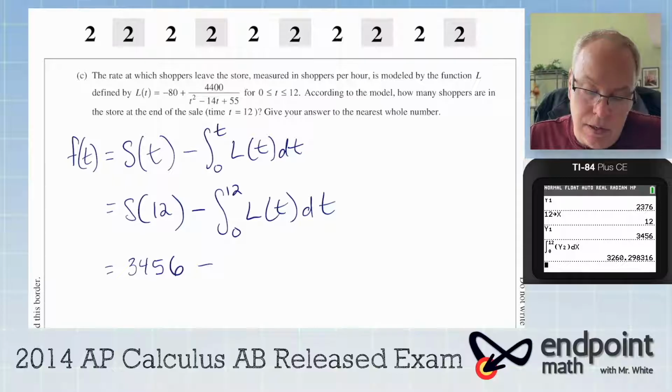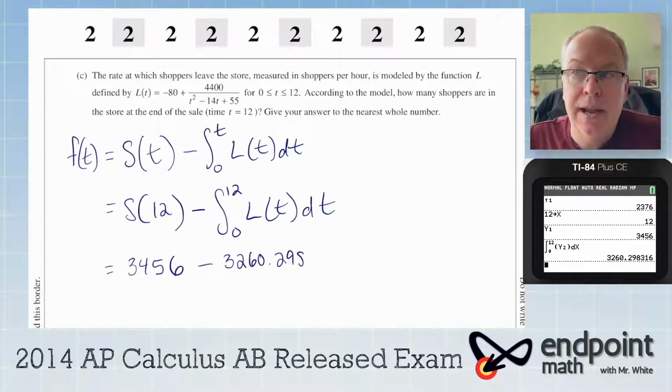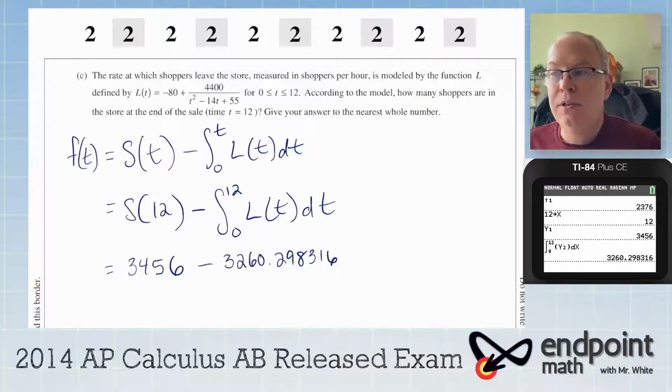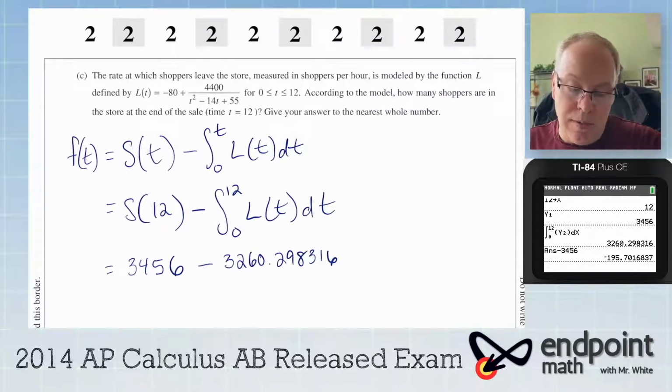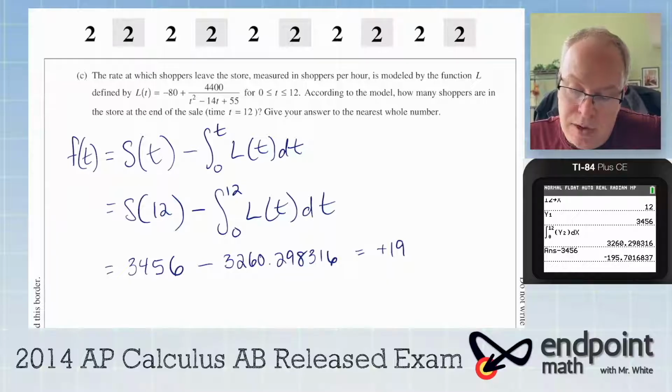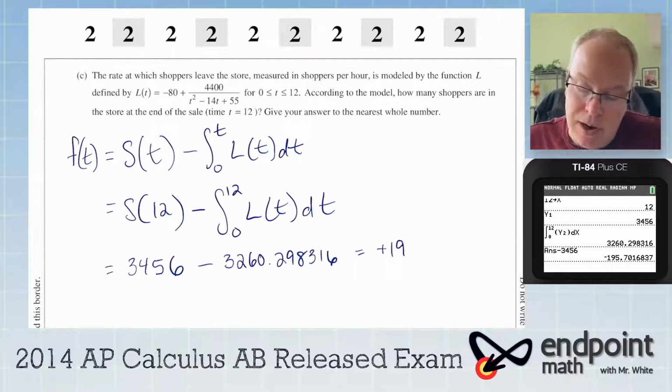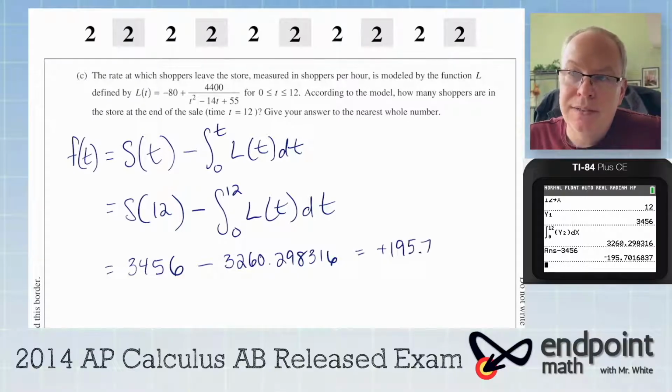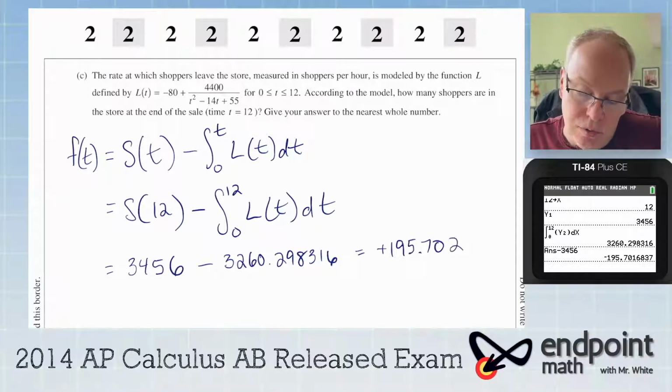We get 3260.298316. And then I'm just going to subtract my 3456. Hit enter. Of course, don't worry about the sign. This is negative 195. Well, I said don't worry about the sign, and then I wrote it, right? It's 195.702.